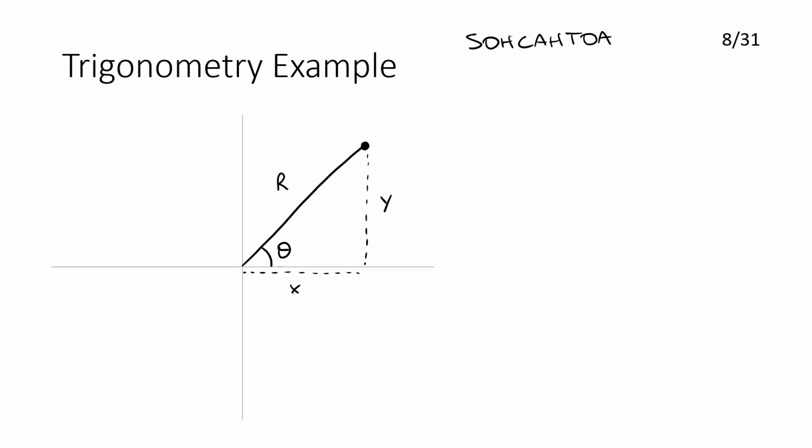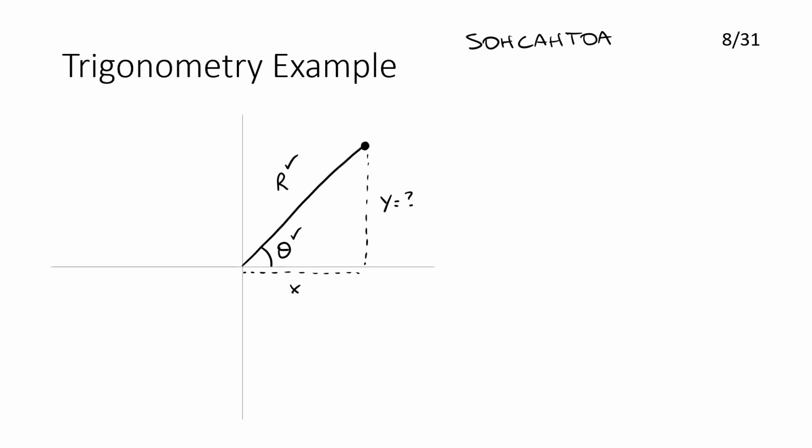Now let's say I want to specifically find the height. So what is y? I'm going to put a question mark next to that. And let's say I have a value for r, so I have that value, and let's say I have this specific angle theta, and really I could solve the problem with that.